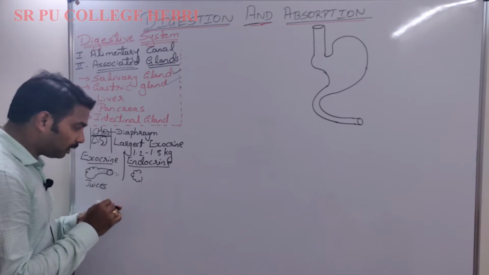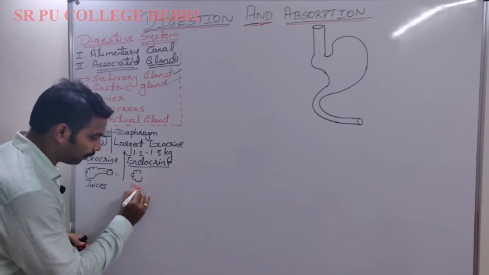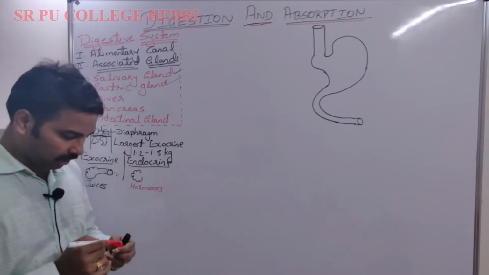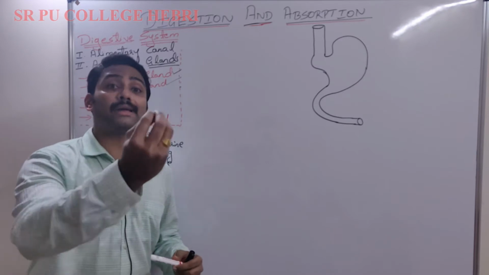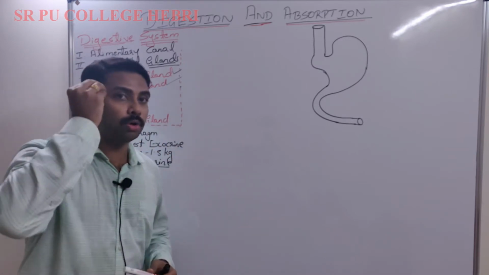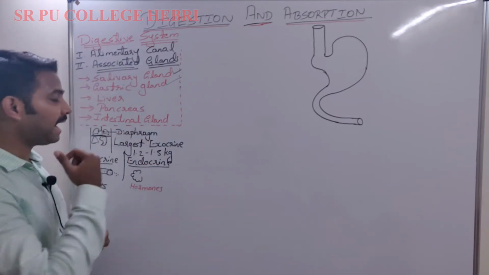Whereas endocrine glands are always known for the production of what? Hormones. Have you heard about any hormone? Of course you have studied about thyroxine hormone produced by thyroid gland, growth hormone produced by pituitary gland, right? Insulin produced by pancreas gland.